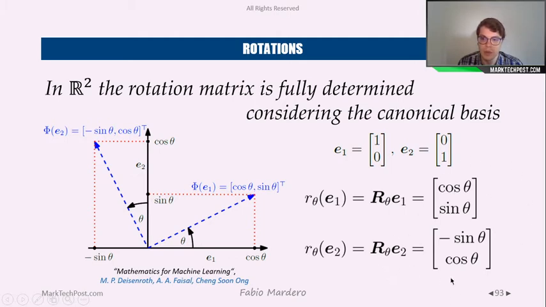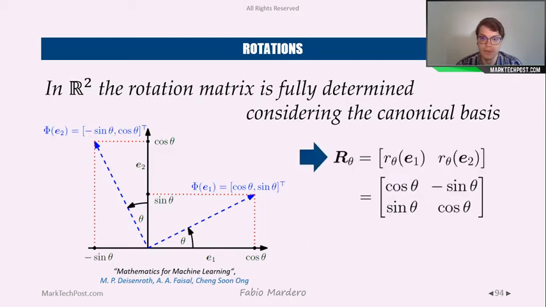Thanks to these two operations, and knowing that these two vectors are the canonical basis, then we can write the rotation matrix, where every column of this matrix is the canonical basis rotated by an angle theta.